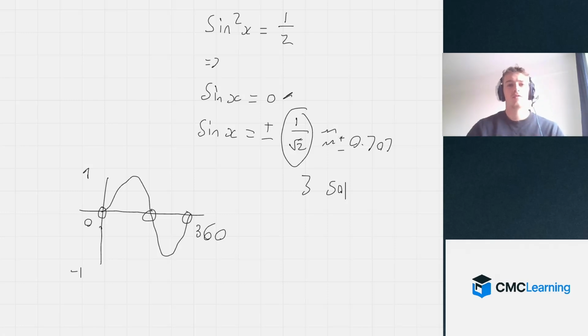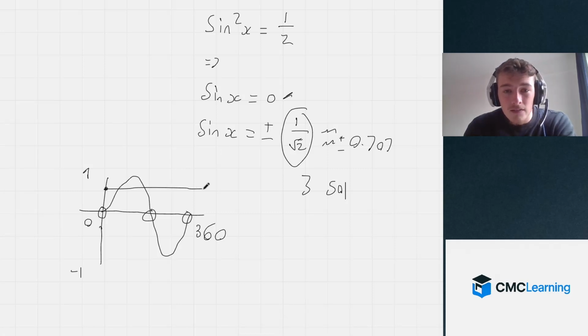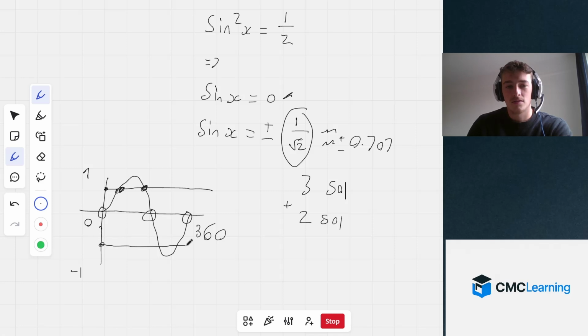Roughly 0.707. And so it's going to be roughly about here, this line. And we can see sine x is positive 0.707 twice. So that's 2 more solutions. And it's minus 0.707, 1 over root 2, about 2 times in this range.